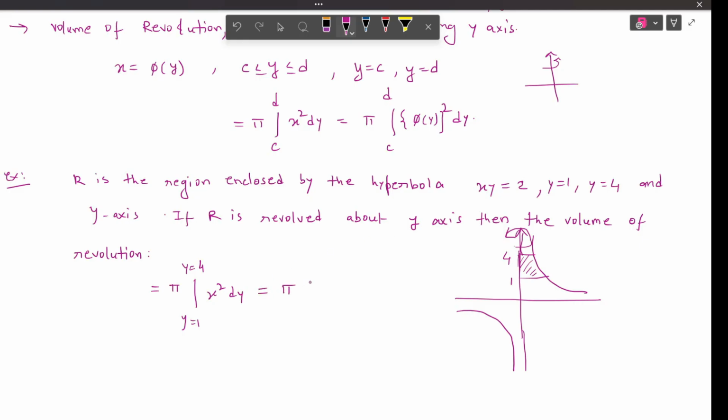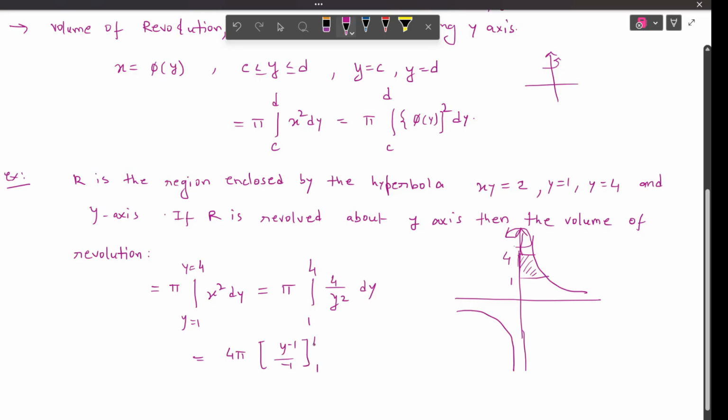So this will be pi integration 1 to 4, 4 by y square dy. Okay, this would be y to the power minus 2, and the formula is y to the power minus 2 plus 1 by minus 2 plus 1. So it would be 4 pi y to the power minus 1 by minus 1, 1 to 4.